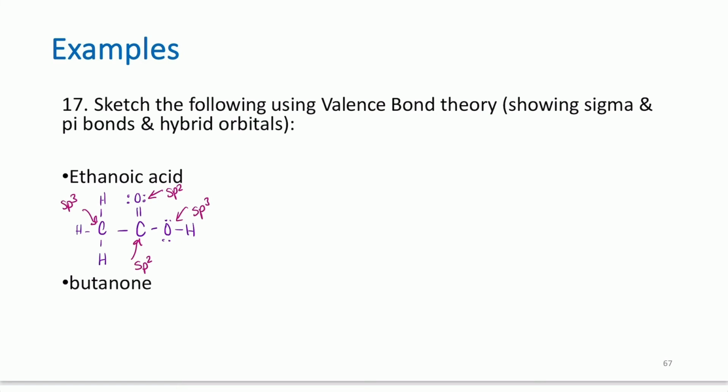So let's go ahead and try to draw this out. Carbon, that's sp3 hybridized, is a tetrahedral shape. It's bonded to 3 hydrogens through a sigma bond.